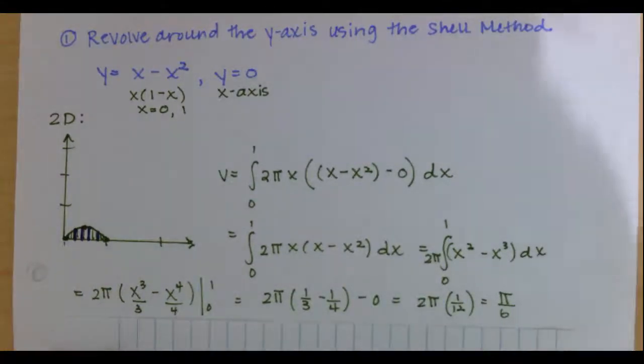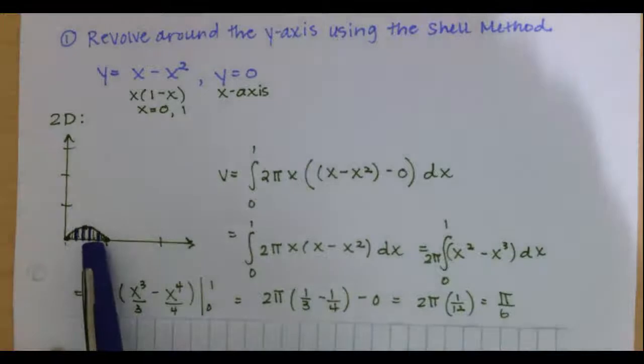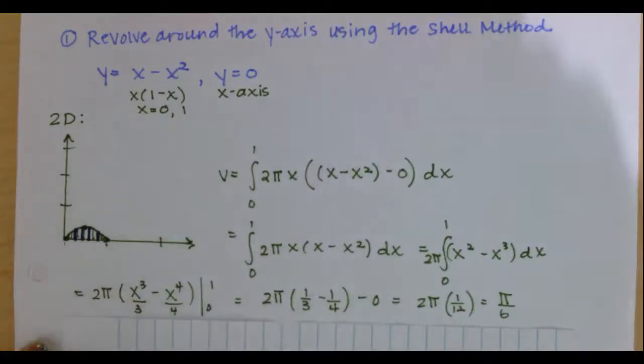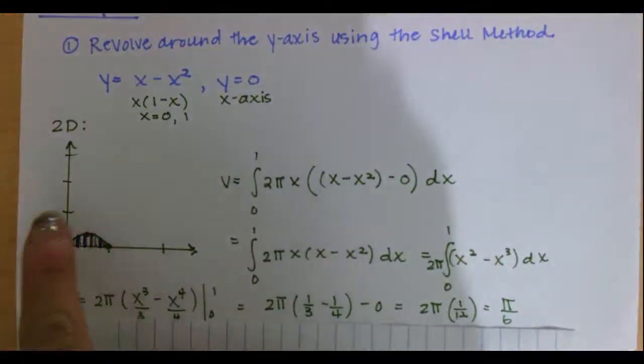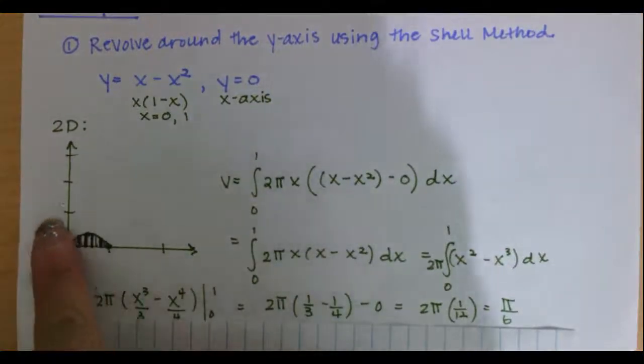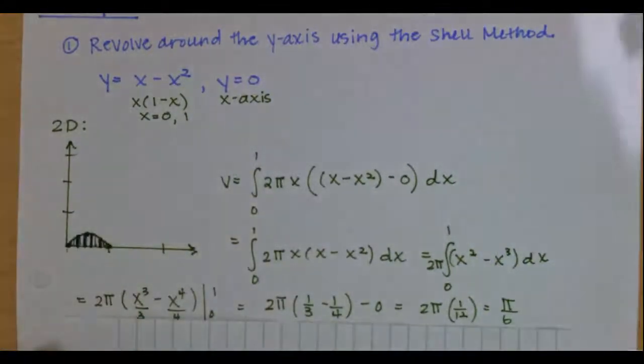So that should be the volume of the solid that's formed when we rotate this particular two-dimensional figure around the y-axis. So remember, we're going this way around the y-axis, and it's creating these shells, or we're using the shell method in order to approximate that volume.